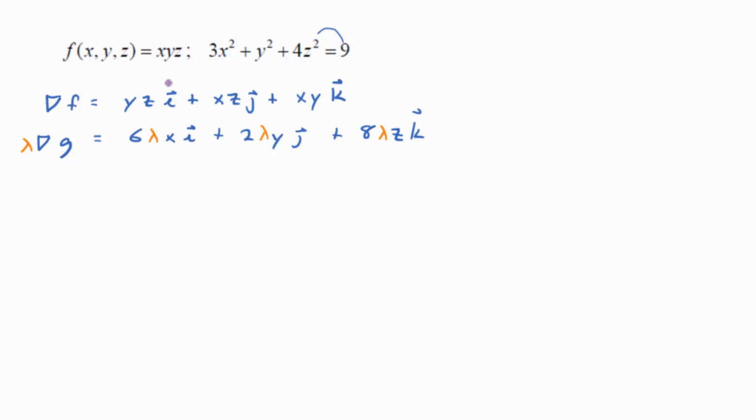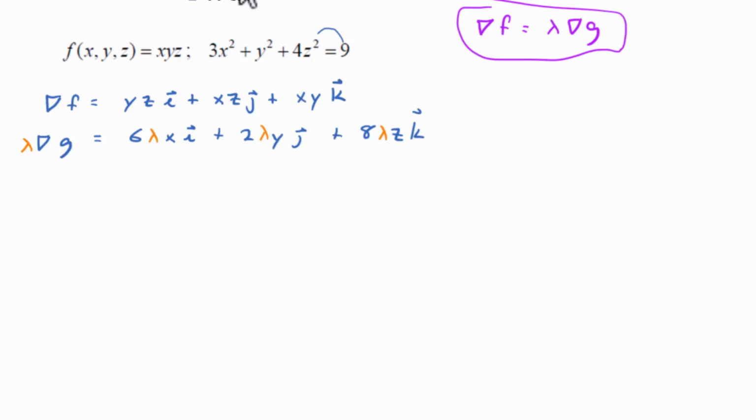All right, remember what we do. Del f is equal to lambda del g. This is really a system of equations, you guys. When you set one vector equal to another, and you've got variable components, it's really a system of equations. It's a compact way to write that. So we're going to set up that system longhand.